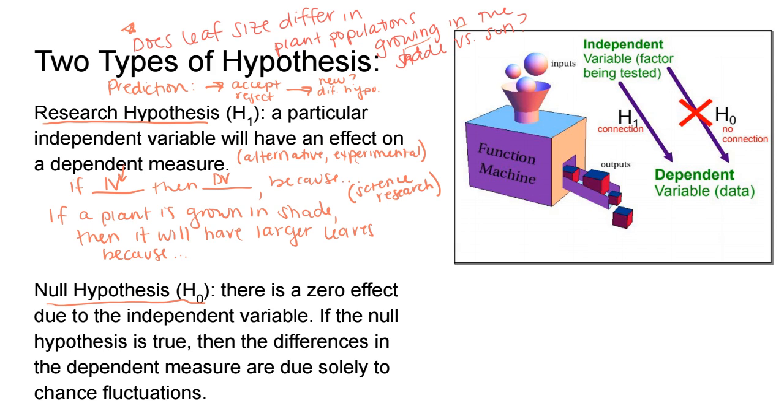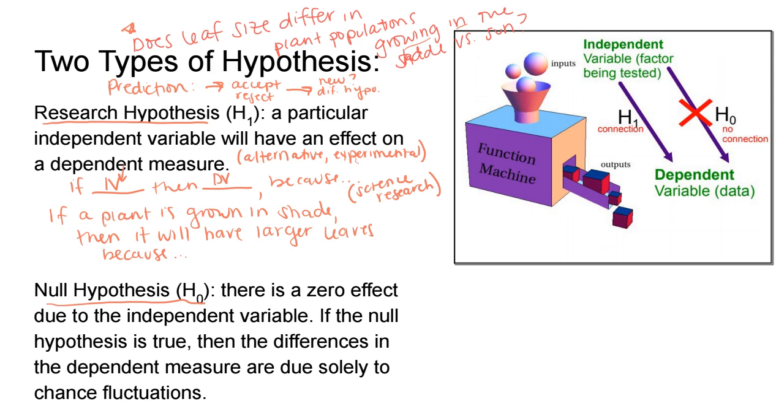And I know we're not studying this, but we know that sun is required for photosynthesis, and photosynthesis is what helps plants grow. So if it's in the shade, it's not getting as much sun. So maybe that's why it needs bigger leaves, so it has more surface area to get the sun that it does get.